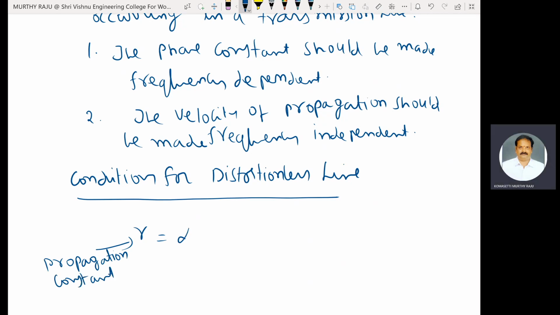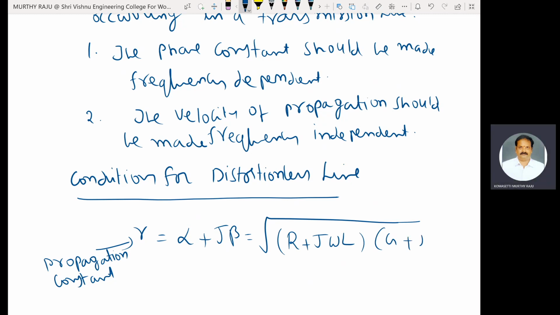Gamma is equal to alpha plus j beta, that is equal to square root of (R plus j omega L)(G plus j omega C).